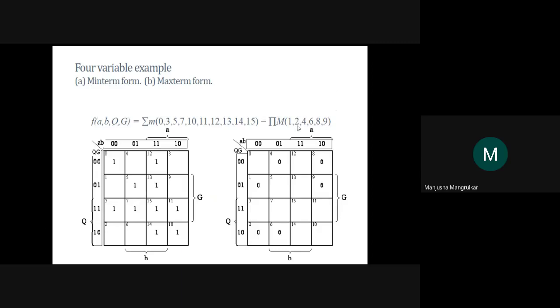But again, one change: in a sum of product, if the term is 0, that is a complement. Here, if the term is 0, it is only the same term, it is not a complement. If it is a one term, that term is a complement term.